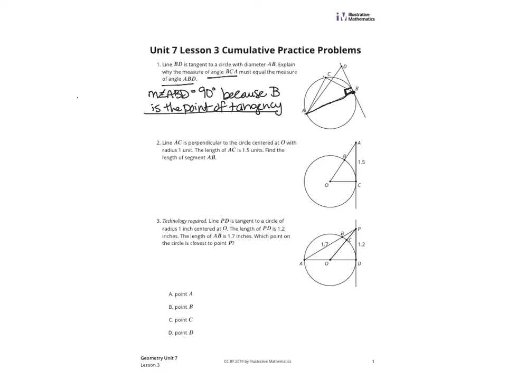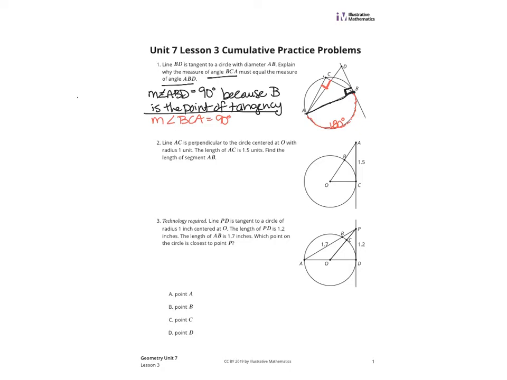So for a different reason, I also know that the measure of angle BCA is also 90 degrees, this angle right here. But this is an inscribed angle, and its arc is this arc that goes all the way from A to B. So if AB is a diameter, then I know that this arc is a semicircle. I know it's 180 degrees.